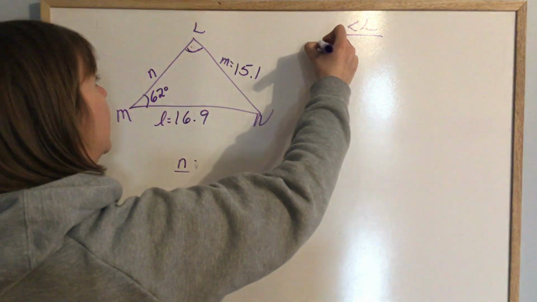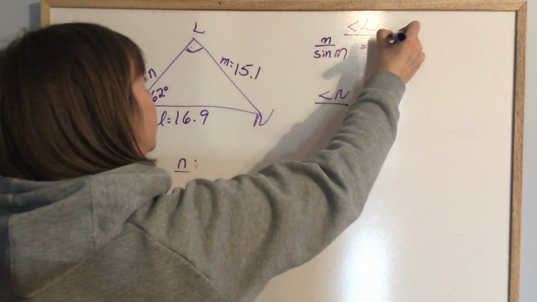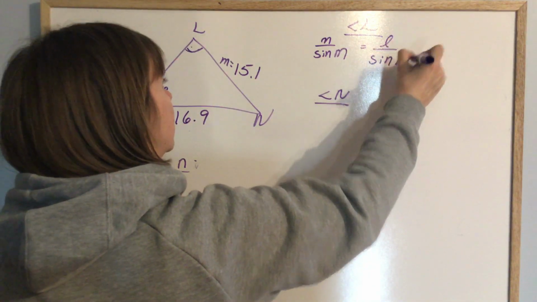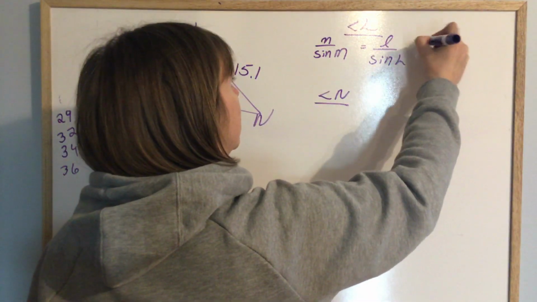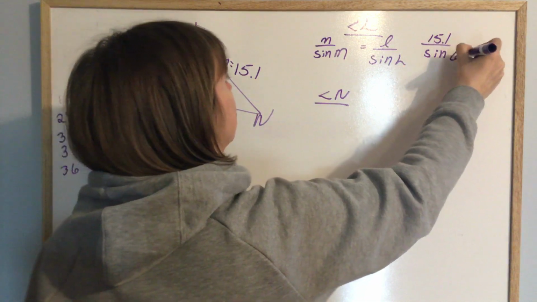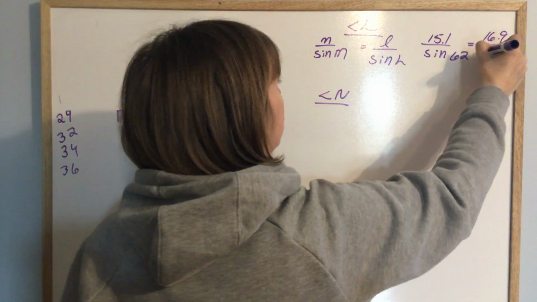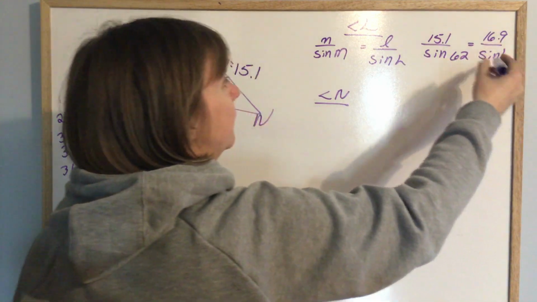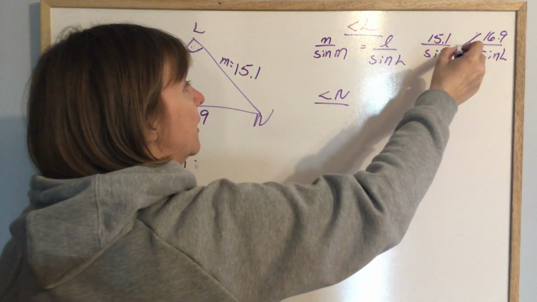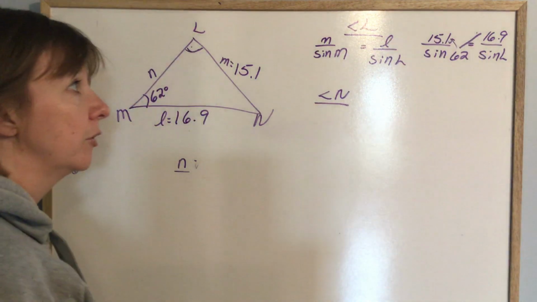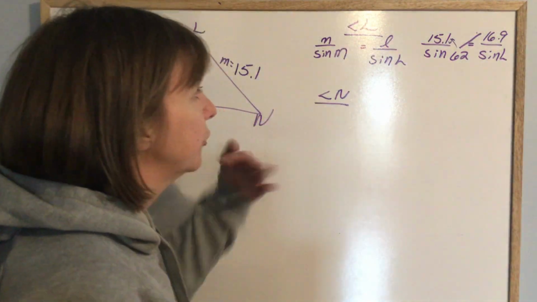So I'm going to say M over sine M equals L over sine L. So M is 15.1 over sine of 62 is side L, which is 16.9 over sine of L. Again, I'm going to cross multiply the two that I know and divide by the one that's left over, or you can just cross multiply and do the visual that you may need.